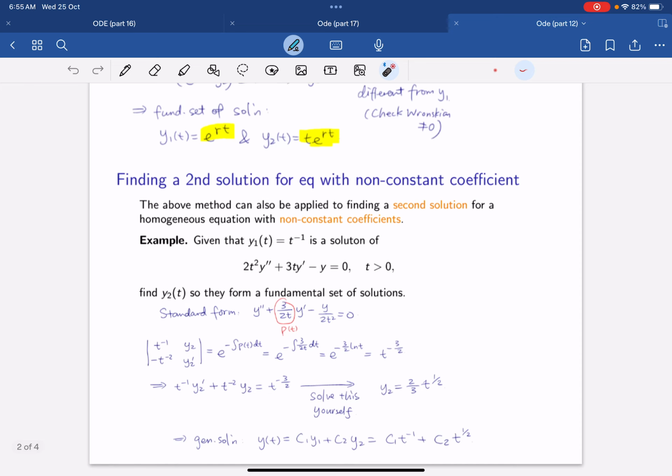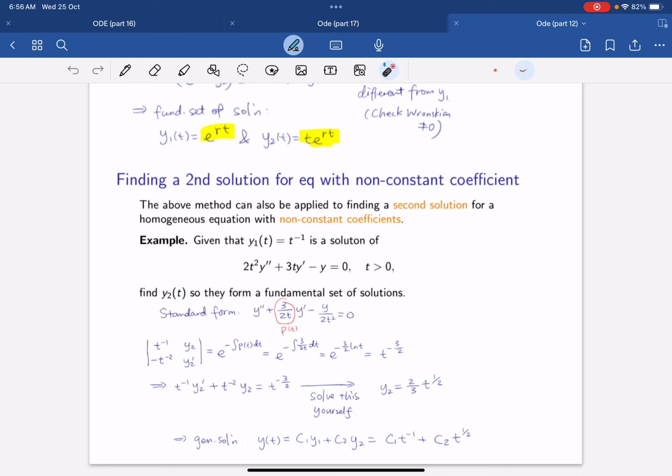But now what happens if your coefficient is non-constant? So these are the non-constant coefficients. We are given that you know already one solution. So how do we find the second solution? Well, we convert it to standard form first, and again we use Abel's theorem to tell us what the Wronskian must be.